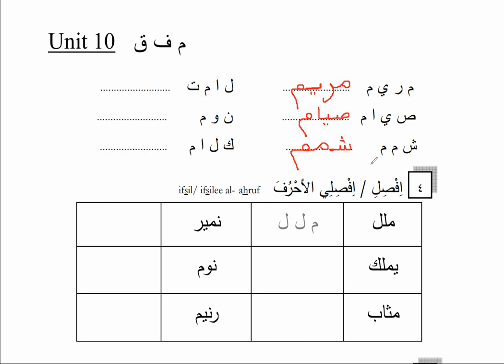So you can write this with the sheen, tail, and go back. This you can also write. It is also correct. So in this case, you need not lift up your pen.